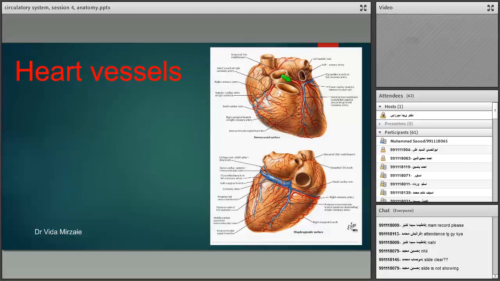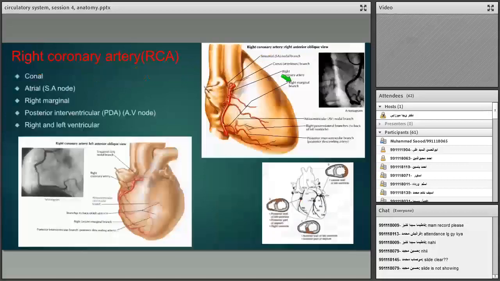These two arteries are surrounding the heart and supplying the heart with the blood which is flowing inside them. At first, let's talk about the right coronary artery.